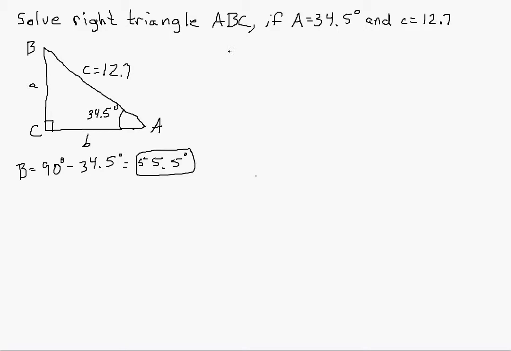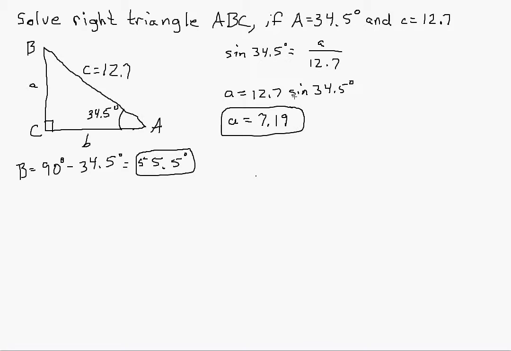So the sine of 34.5 degrees is equal to the side opposite, which is A, over the hypotenuse, which is 12.7. Solving this equation for side A, we get A equals 12.7 times the sine of 34.5 degrees. So side A is equal to 7.19. So there's the measure of side A.